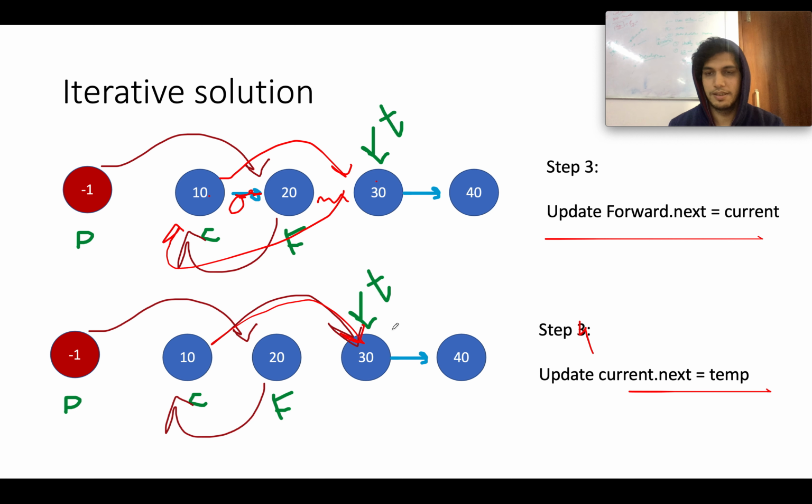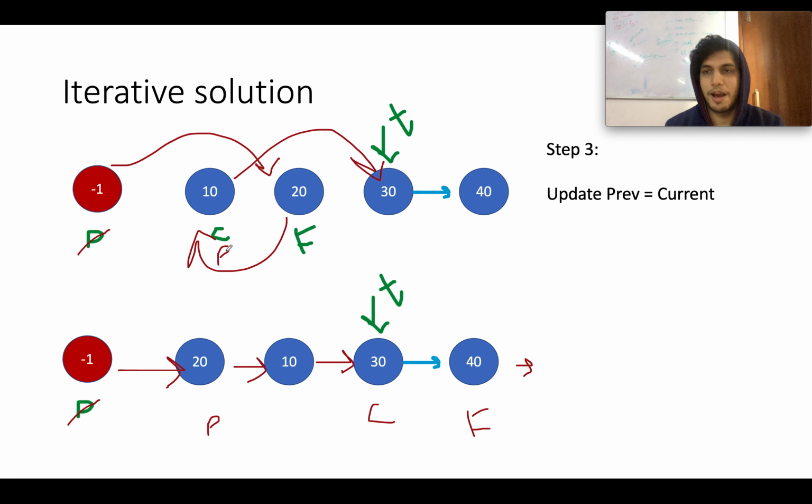This is what I have done, and next I'll update the previous node. So the previous node becomes the current node. So current gets deleted and this becomes the previous node. And then you will recalculate everything: current, forward, temporary nodes. How? Current equals previous.next, and this node becomes the current node. Forward node becomes this node, and hence you'll calculate; had there been more nodes, temporary would have pointed to this position.